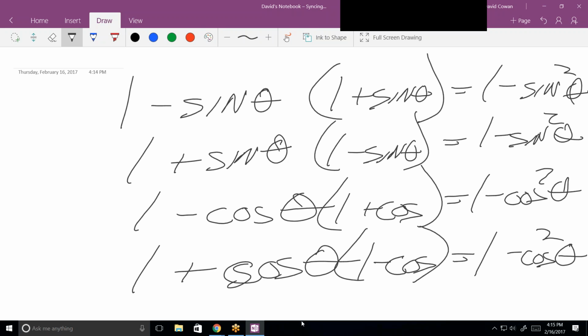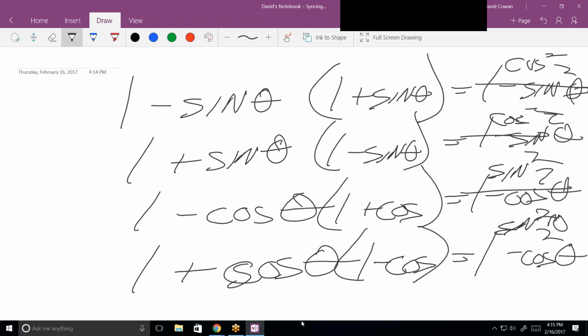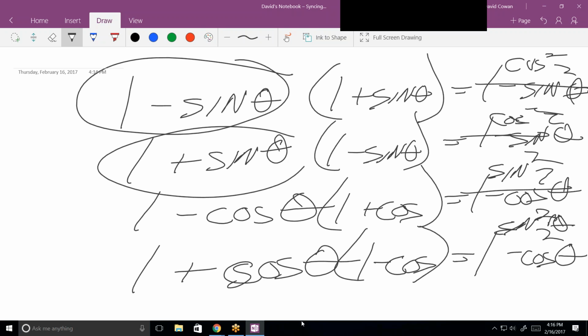And now notice that every term on the right can be replaced by a single term. So that's why that technique is such a great technique. And there's not much else that you can do whenever you run into one of those four.